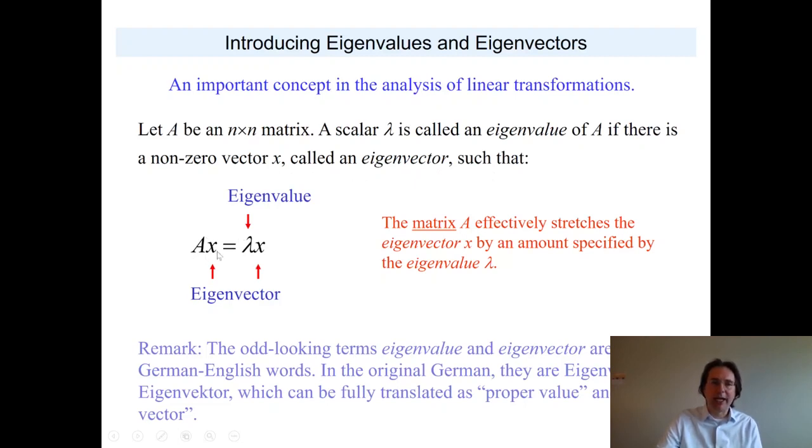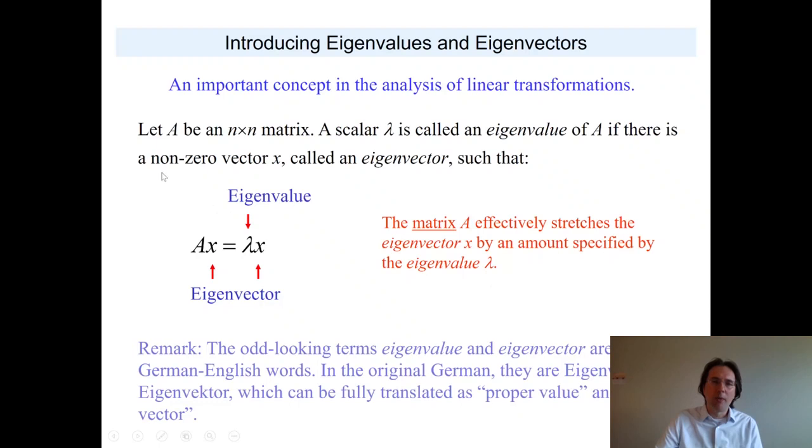So here A multiplied by vector x is equal to x itself multiplied by a scalar that is eigenvalue. So in other words, the matrix A effectively stretches the eigenvector by an amount specified by eigenvalue lambda.